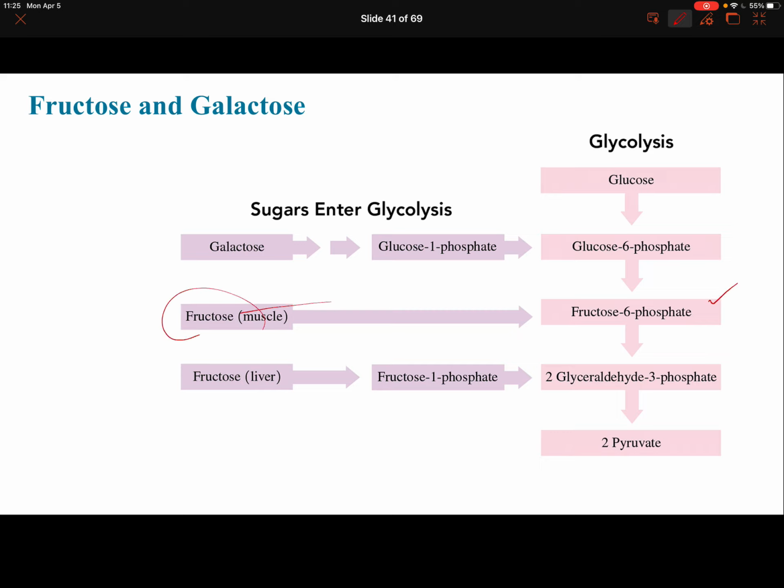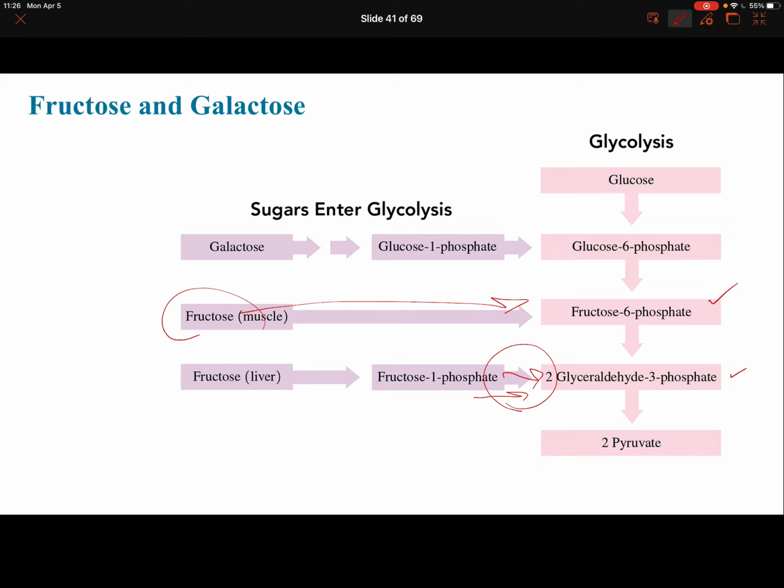So fructose can enter in that step. Fructose in the liver gets converted into fructose 1-phosphate, which can be converted into 2 glyceraldehyde 3-phosphate molecules via a different series of reactions. They're not showing those reactions here, but then it can enter glycolysis at that step.